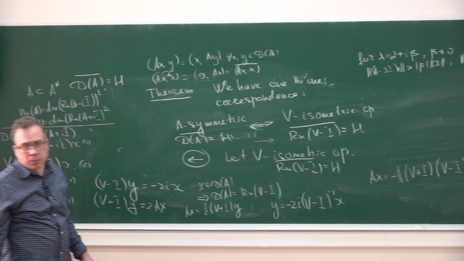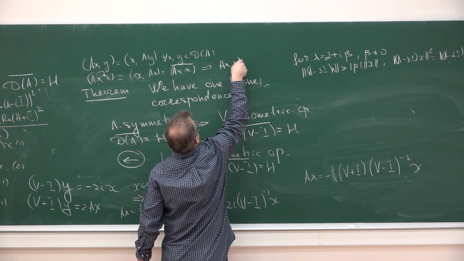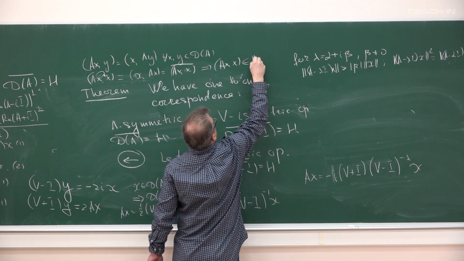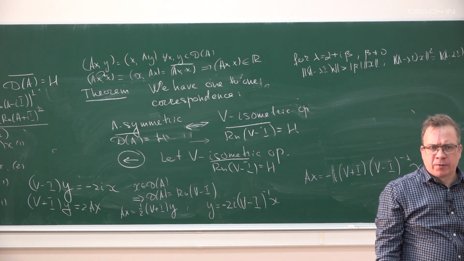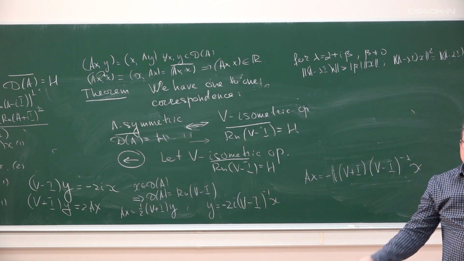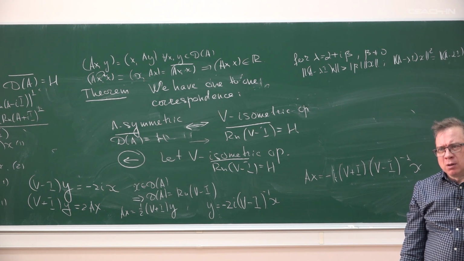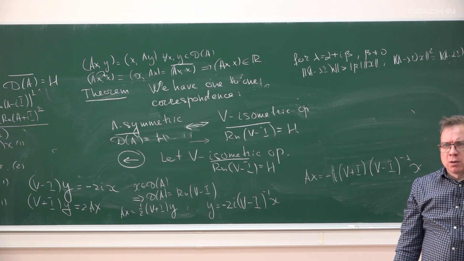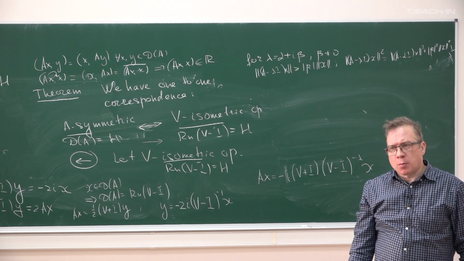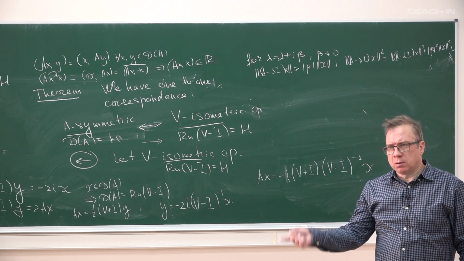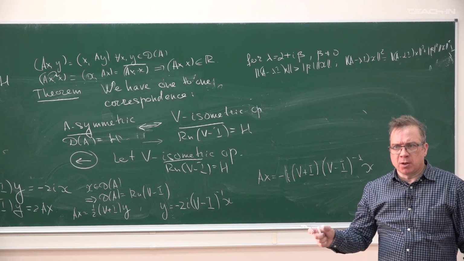So it is a real value. And the inverse is true. It is more sophisticated, but it is like an exercise. If the quadratic form is real, then you can show that this operator is symmetric, so you can change the place of this operator in the inner product.